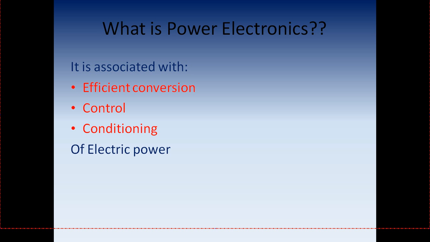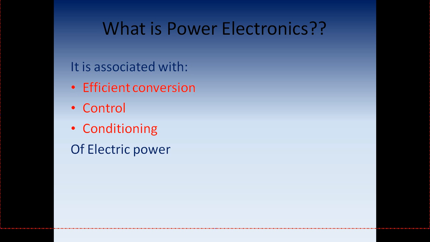So what is efficient conversion, and why do we require conversion? In the conventional power system, there are generators which work on thermal, nuclear, hydro, and they produce AC power at constant frequency and constant voltage.